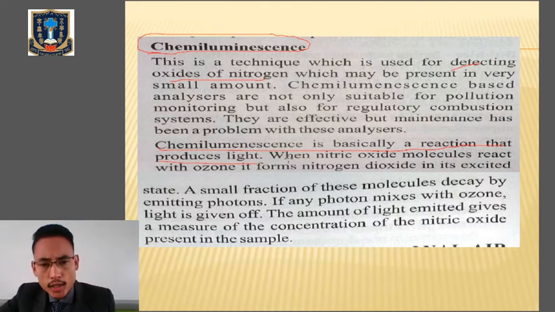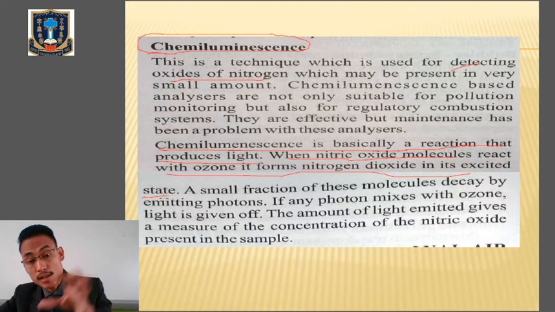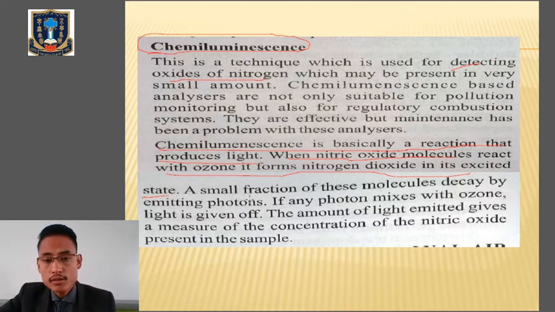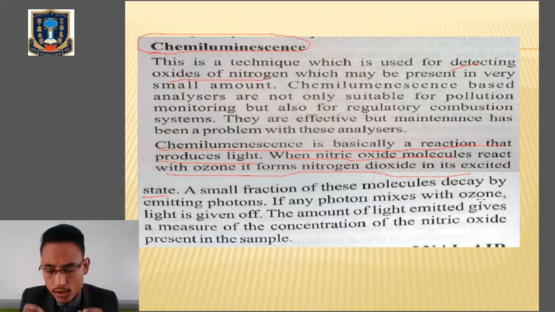Okay, so when nitric oxide molecules react with ozone, they form nitrogen dioxide in an excited state. A small fraction of these molecules will start to decay by emitting a photon, a unit of light, and this will react with the ozone and emit light.